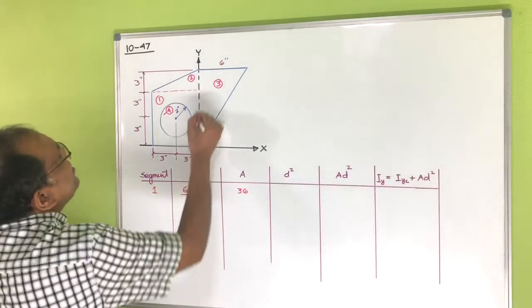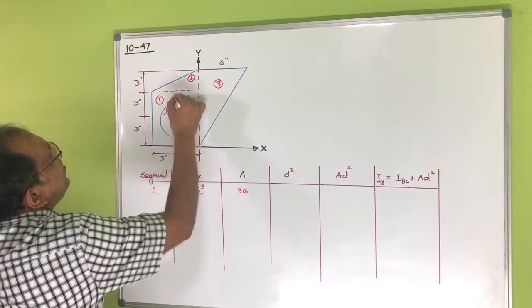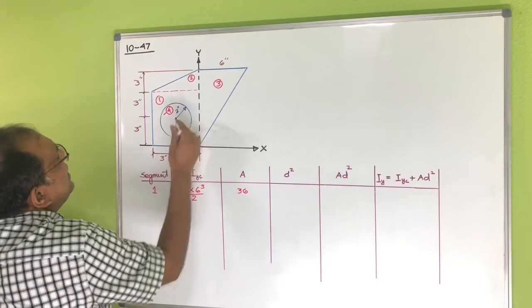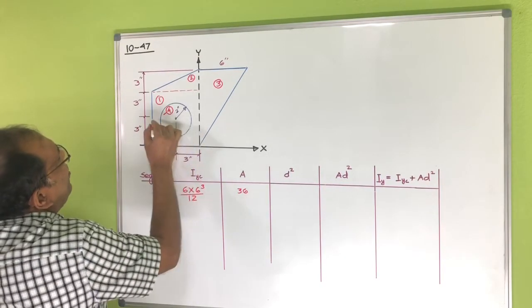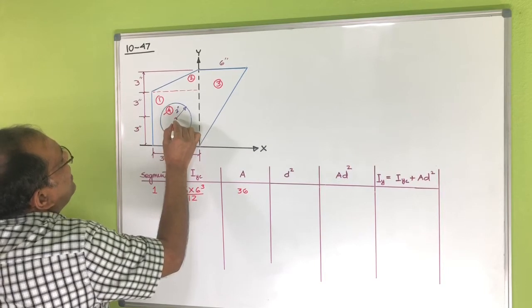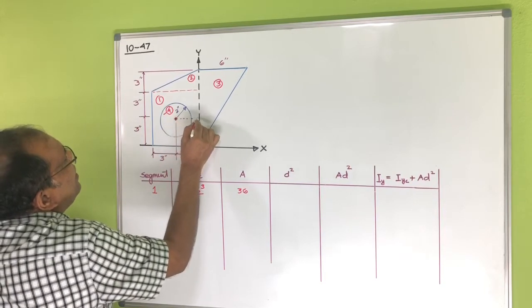Okay, so here is my y-axis, and the centroidal axis at 3 here. For that one, the centroidal axis is also the center of this square here. So this is the D1.